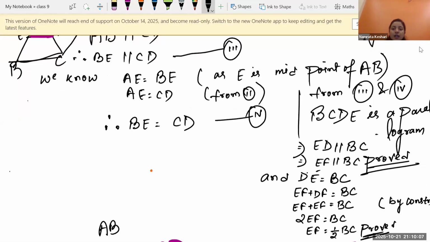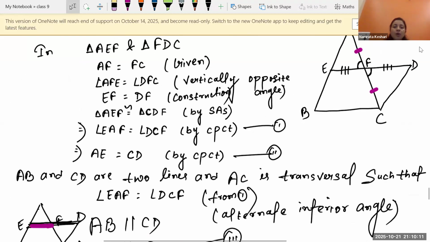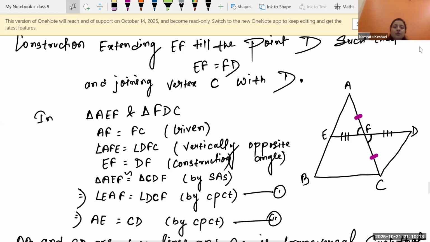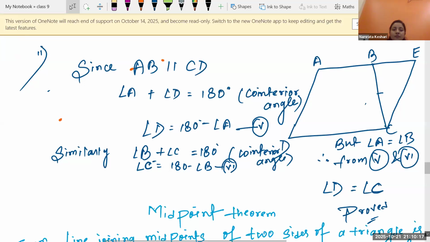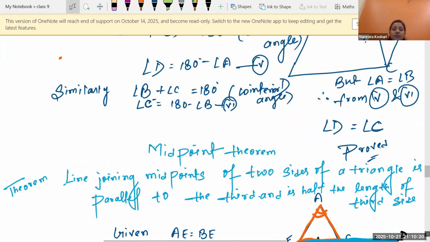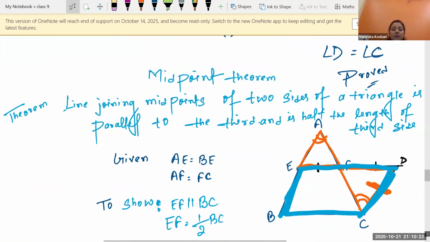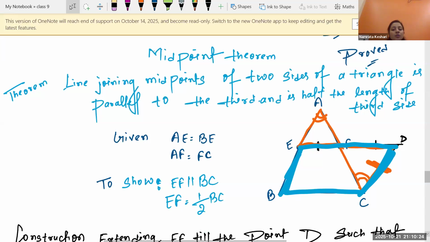Have you noted down the previous part, everyone? Shall I scroll up or down? Please let me know. See, the theorem starts from here. The theorem is written on the screen, then the given portion and the showing part. Then we have done the construction. Shall I scroll down?